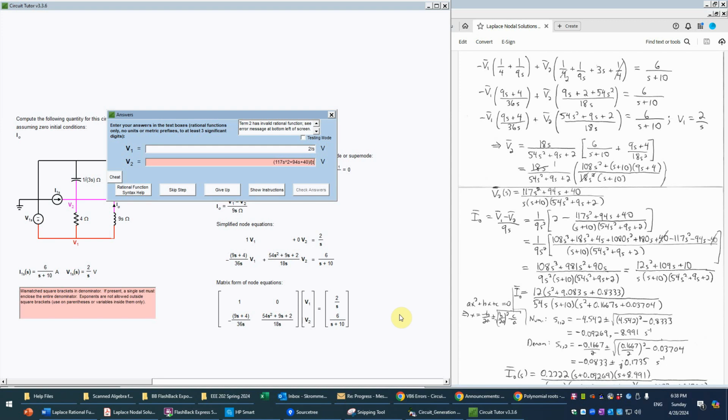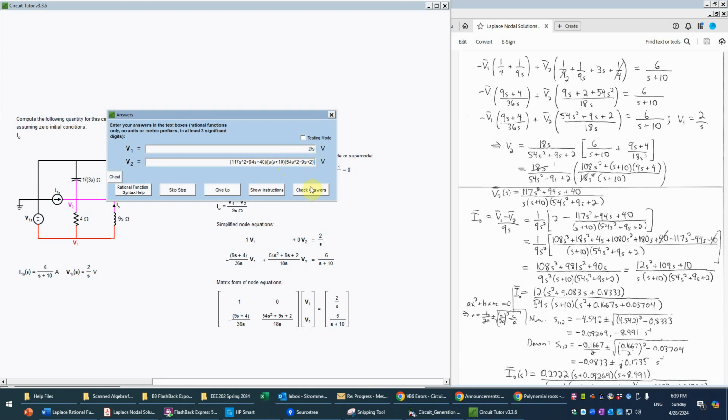So sorry, first we just have s, we don't need a parenthesis for that, and then times s plus 10 in parentheses, and then the 54s squared plus 9s plus 2. And then we close these square brackets in the denominator, and that is now an acceptable form. And just proofread quickly, and that looks like that's correct.